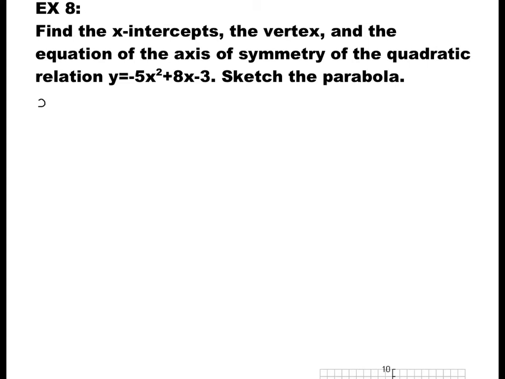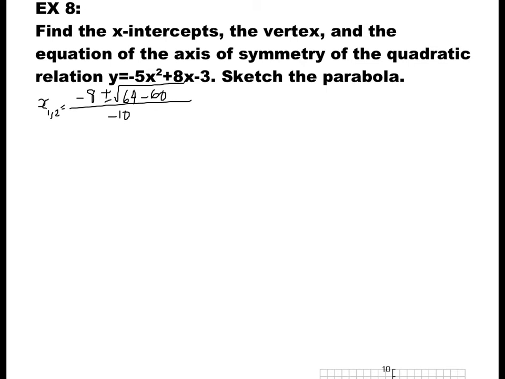So x1 and x2 is minus b, minus 8, plus or minus the square root of b squared, 8 squared is 64, minus 4ac, which is minus 4 times negative 5 times negative 3, which is going to give me negative 60, divided by 2a, which is 2 times negative 5, which is negative 10.